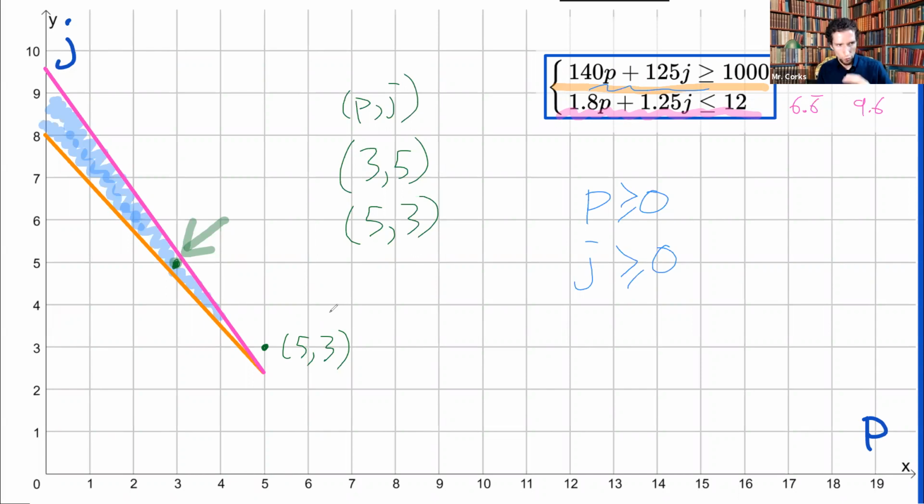Let's just do a tiny little extension on this. How many combinations are actually possible here? How many different ways are there to satisfy these two limitations?